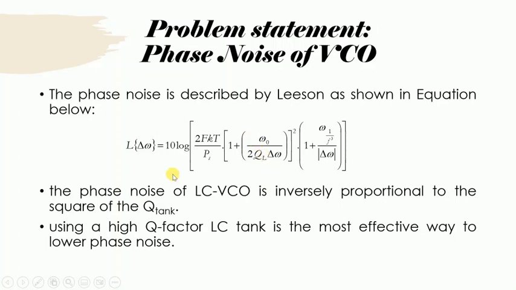So in order to improve the phase noise of this LCVCO, it is good if we can use a high Q factor LC tank, which is the effective way to lower the phase noise.